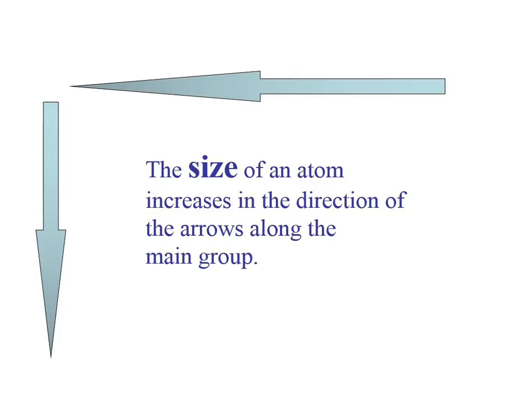So notice this says as you're going, let's see, increases. So as you're going from the right back to the left along the same period, it gets bigger. Okay? Well, like chlorine is smaller than sodium, because chlorine and sodium are in the same period.